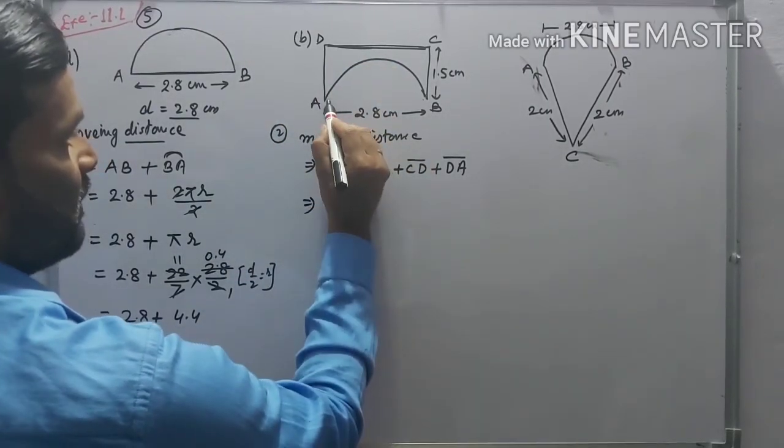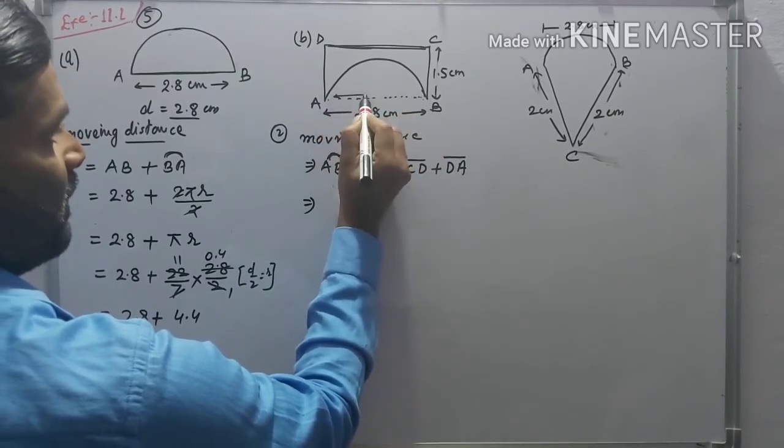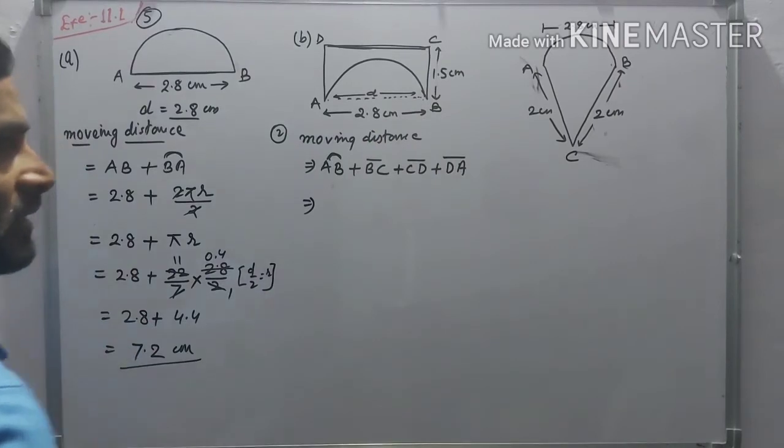Again, it is a semicircle, and this is the diameter of the semicircle.